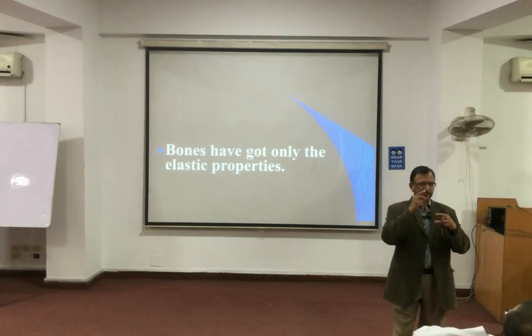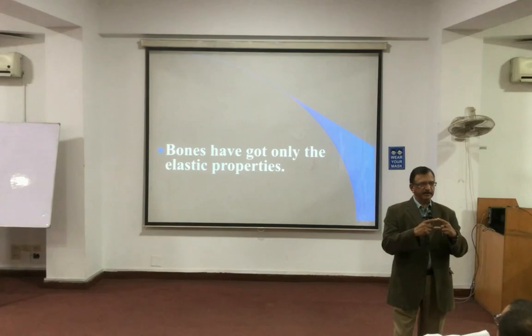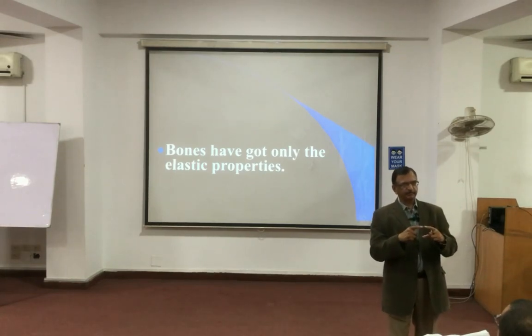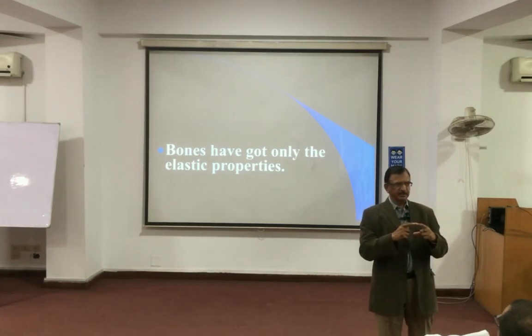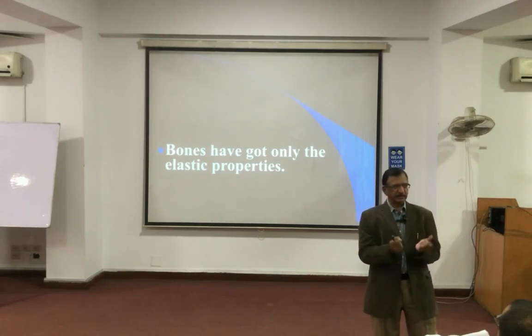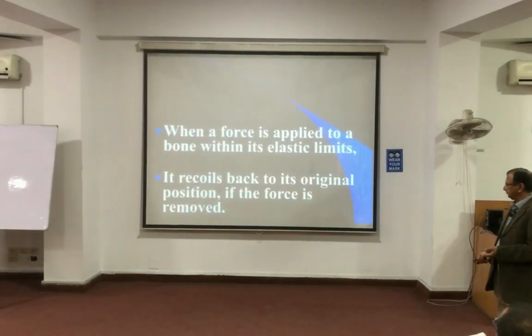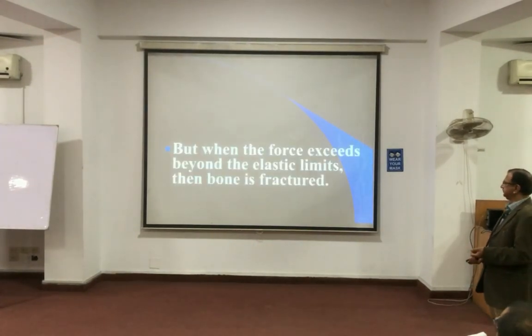But when the force is directly applied at the point of impact, it will be crushing. When there is bending, the elastic properties will resist, and when it exceeds on the convex surface, there will be a fracture, and then the whole shaft can be fractured.